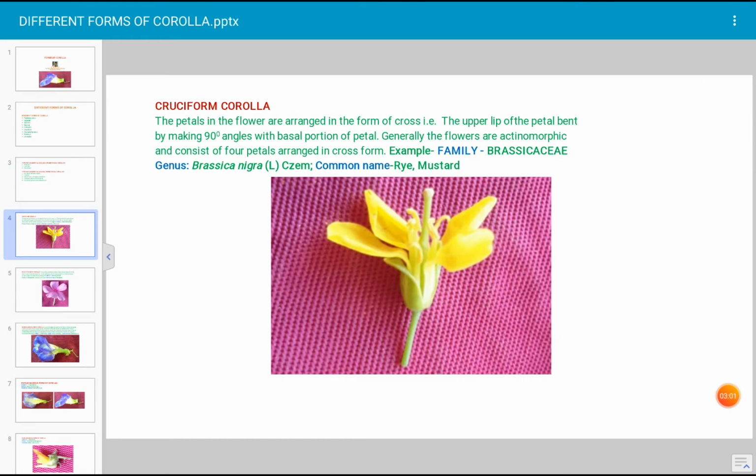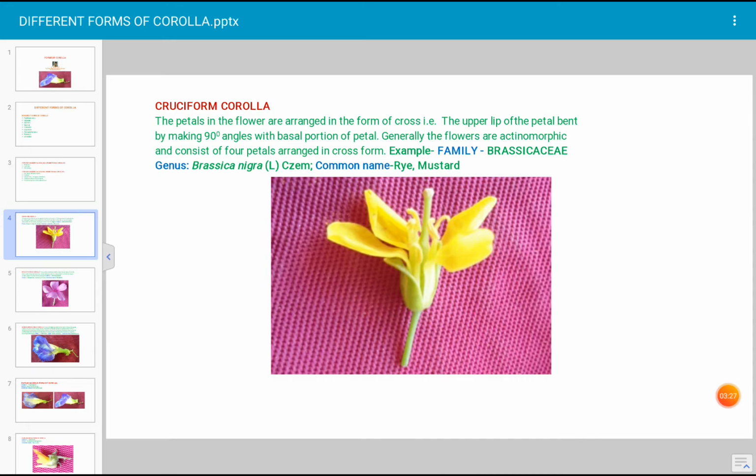This is the cruciform form of corolla. Cruciform corolla is the corolla of the Cruciferae family. The Cruciferae family is also known as Brassicaceae. All the plants of this Brassicaceae family are aromatic, and the typical characteristic of this family is the presence of cruciform corolla.